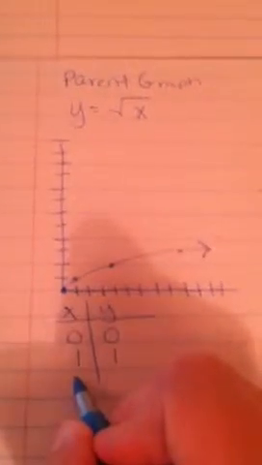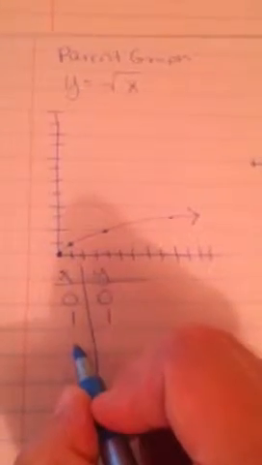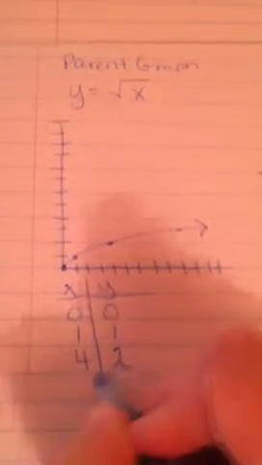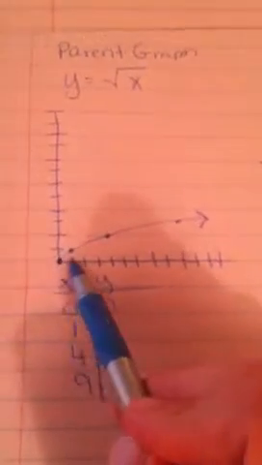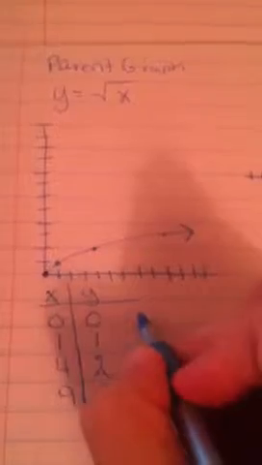I don't think I'd want to do 2 because the square root of 2 is a random decimal. Square root of 3, random decimal. Plug in 4, square root of 4 is 2, square root of 9 is 3. And then I just plot my points: 0, 0, 1, 1, 4, 2, and 9, 3, and here's my graph.